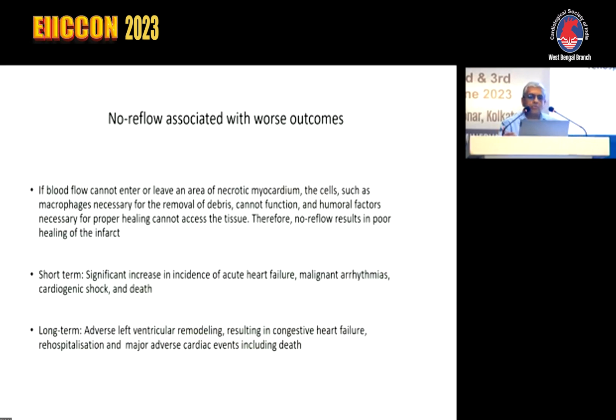So it would result in poor healing of the infarct. So in the short term, that can cause an increased incidence of acute heart failure, malignant arrhythmias, cardiogenic shock, and death. Also in the long term, it would result in adverse left ventricular remodeling, resulting in congestive heart failure, rehospitalization, and MACE, including death.